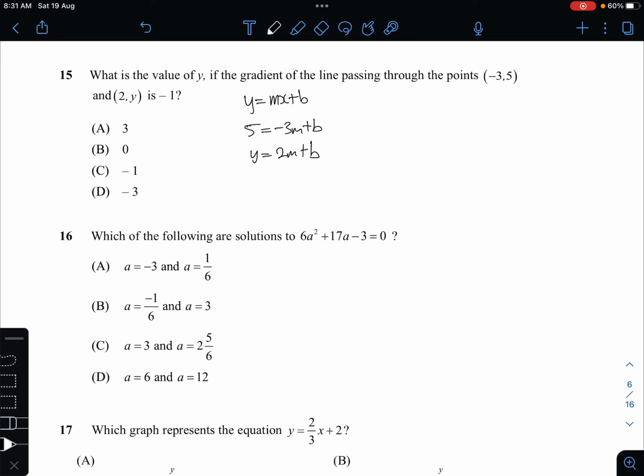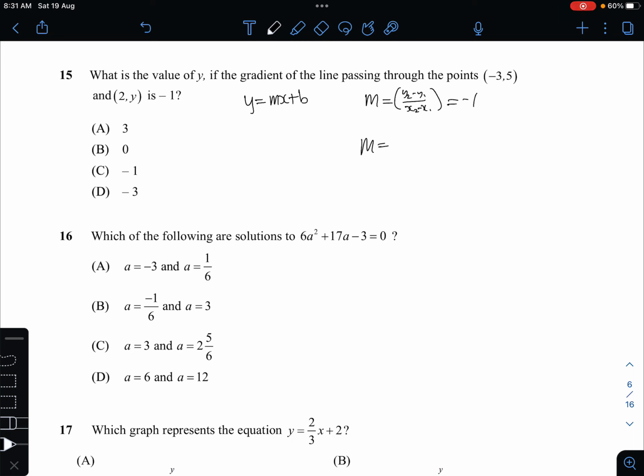Sorry, oh, all my days. And the gradient is equivalent to y2 minus y1 rise over x2 minus x1 run. Rise over run, right? So that is equal to -1, and you just sub in the values you've got. So you don't actually need any of this. Sorry, I should really read the questions properly. I'm really tired from staying up.